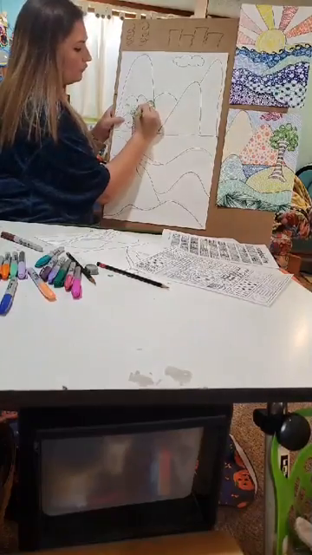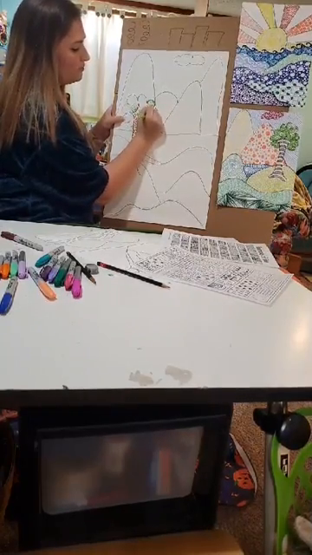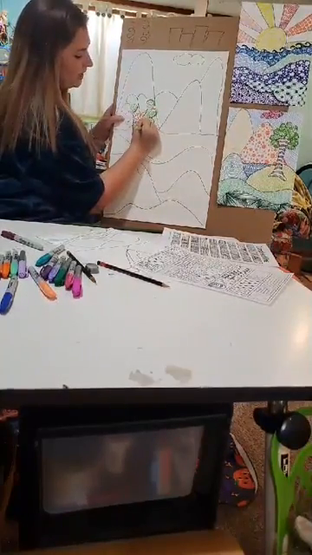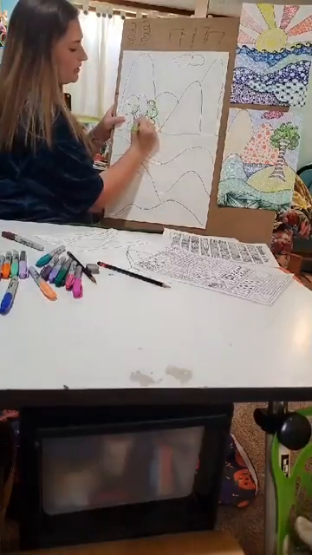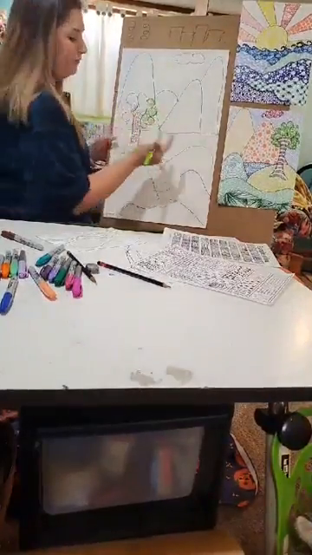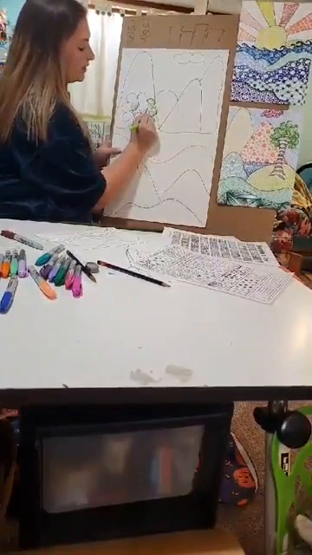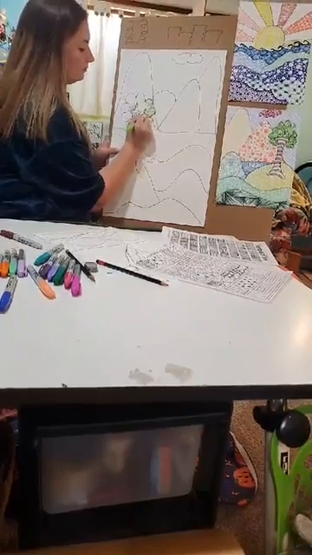And the more you fill in with this type of thing, the better it looks. And I know it might seem kind of chaotic to think about all these different shapes and colors, but the more you fill it in, it honestly looks more interesting.